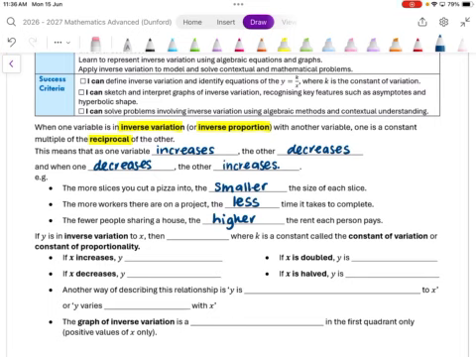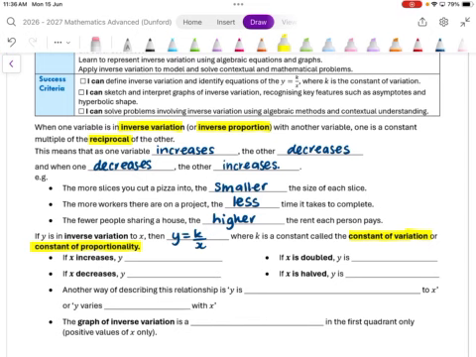So if y is in inverse variation to x, then we use y equals k on x as our function. This is where k is a constant called our constant of variation, or constant of proportionality.